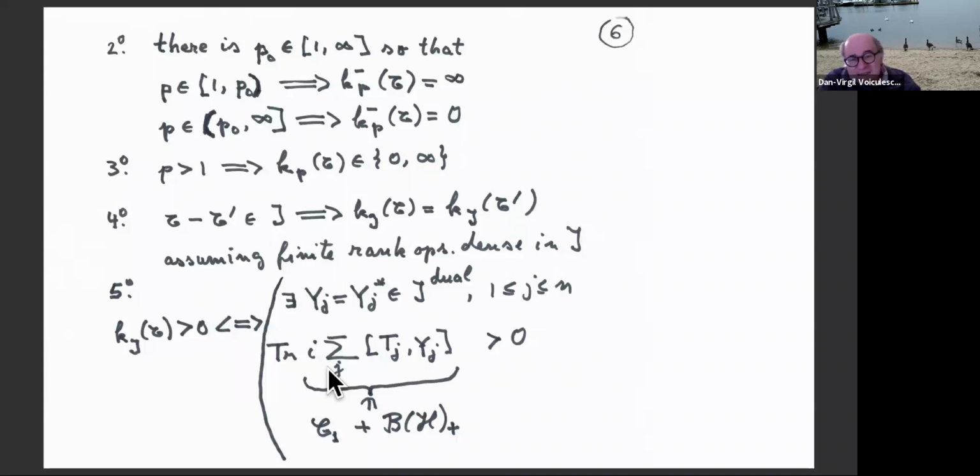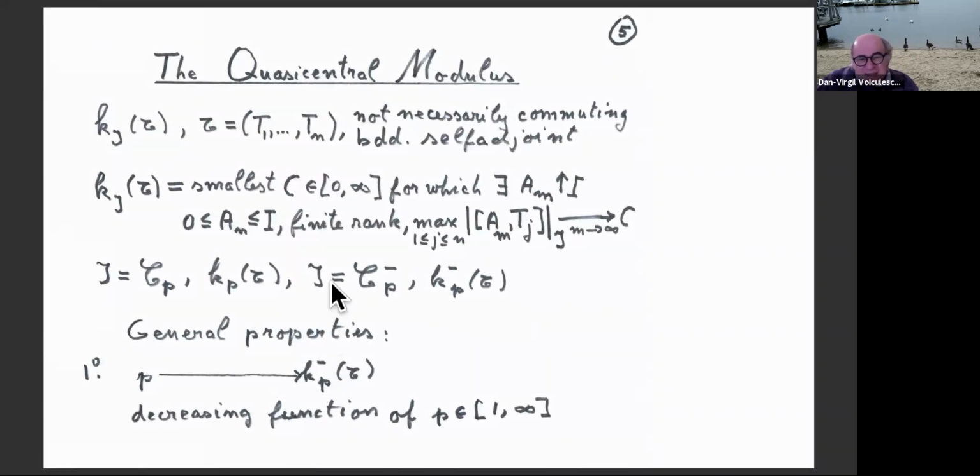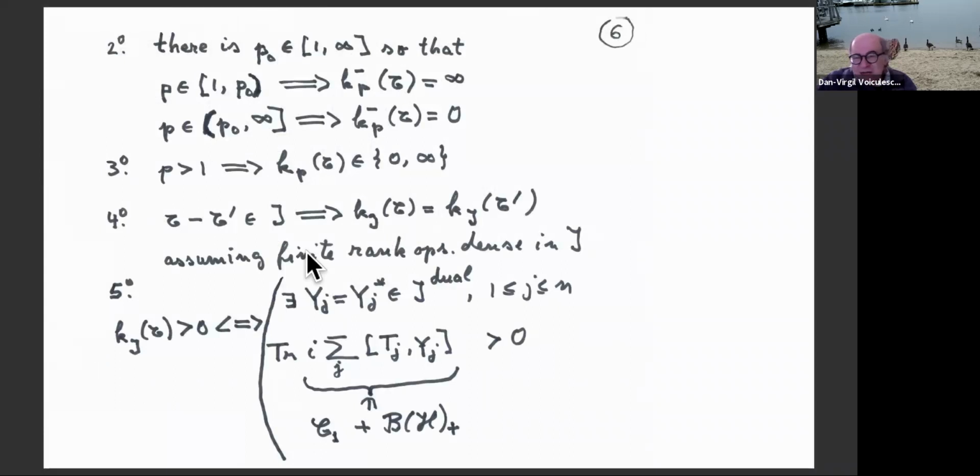And then you see, the definition can be used to get upper bounds on Ki of tau, because it is the least number you get as a limit of such norms of commutators. But how does one get lower bounds? Lower bounds arise from what I've written here as property 5.